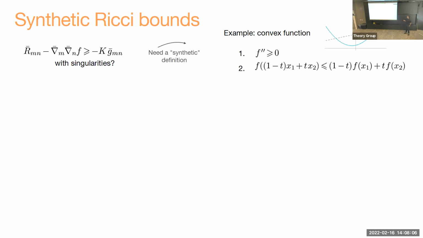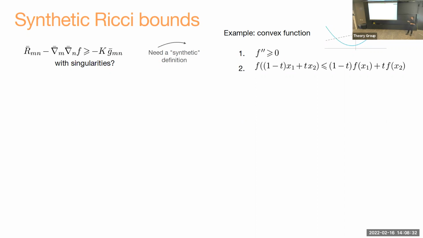For example, if you're just trying to define what is a convex function, then you can do it in two ways. You can say, well, the second derivative is non-negative, or you can say, well, I take the function, I take 2 points on the function, I draw the segment that connects them, and I require that the function always lies below this segment. Mathematicians call this a synthetic definition, while the first one is an analytic definition.